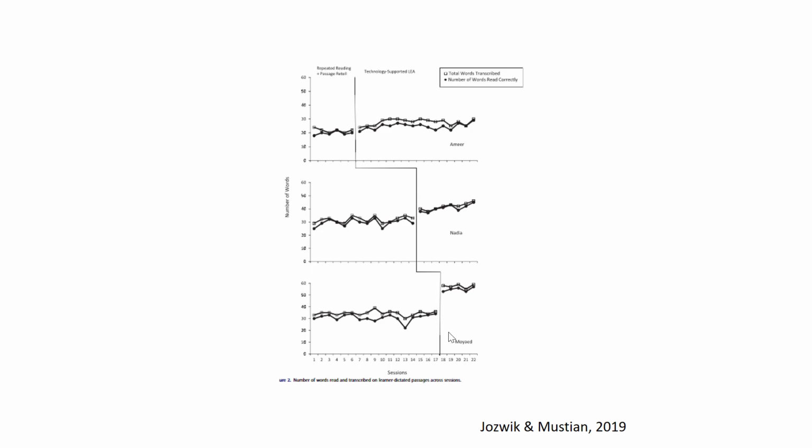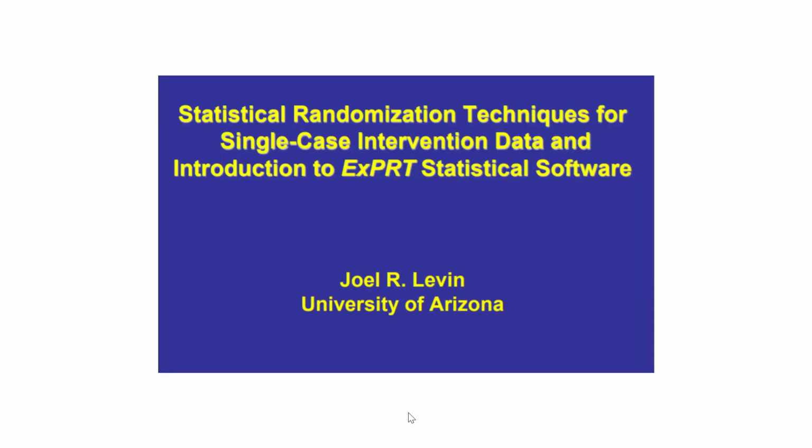So what might have happened with this study had we seen this accelerating trend in baseline for Amir, or an accelerating trend for Nadia, that might have skunked the whole study, but that's part of randomization and part of what we're after when we're evaluating effectiveness of an intervention here.